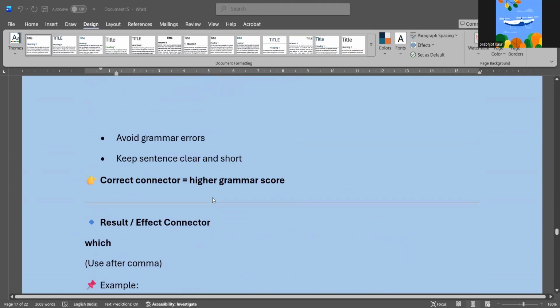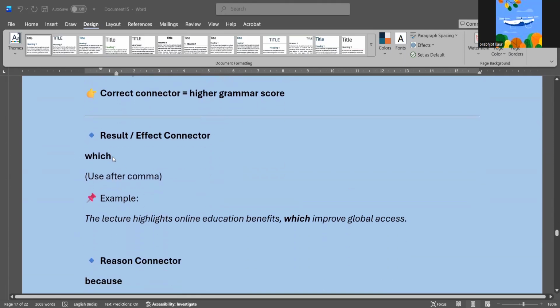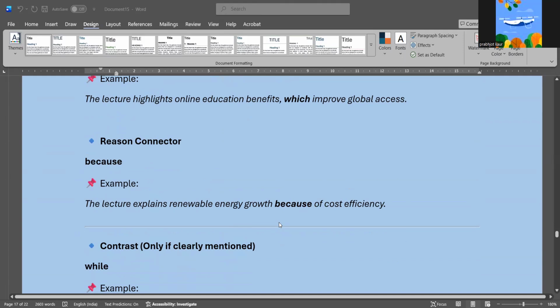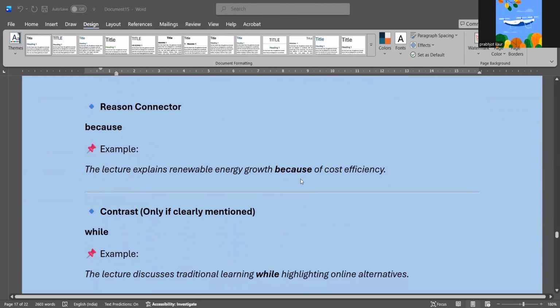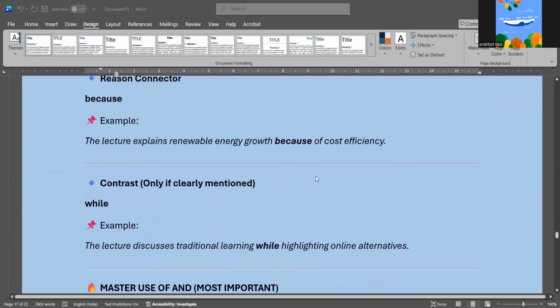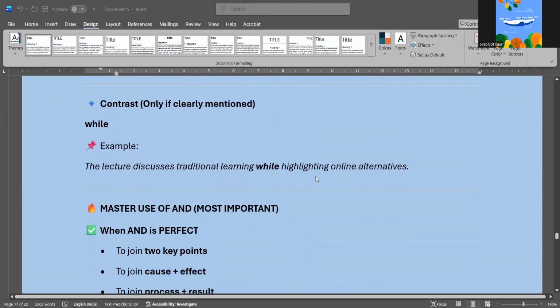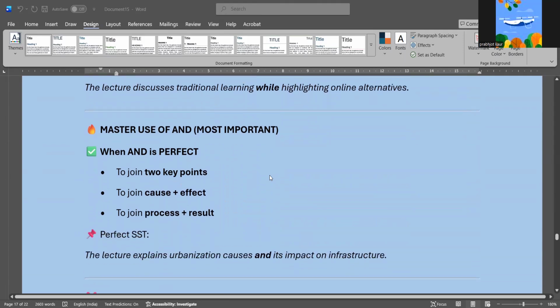So how can you use which? Here is an example. Before which you should always use a comma. And for contrast information, you have to use while, with no need for a comma.